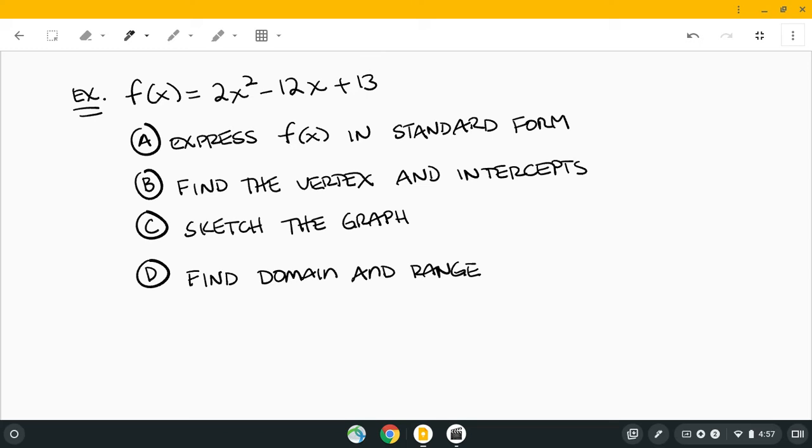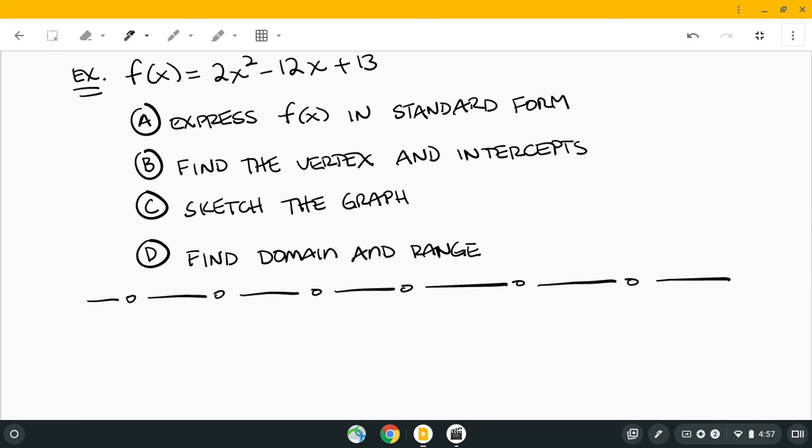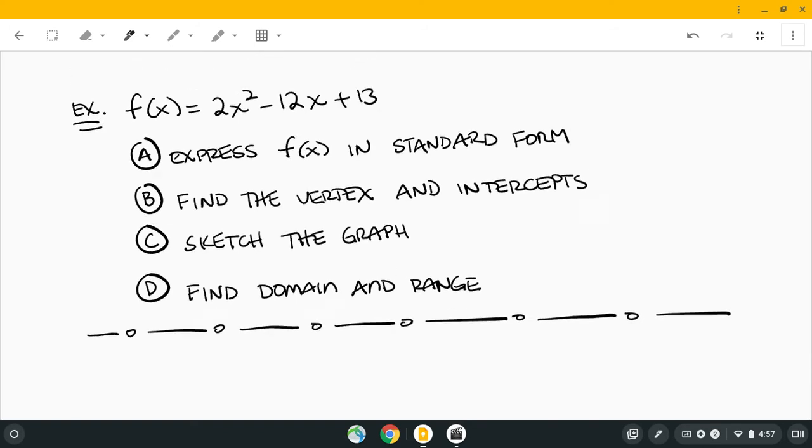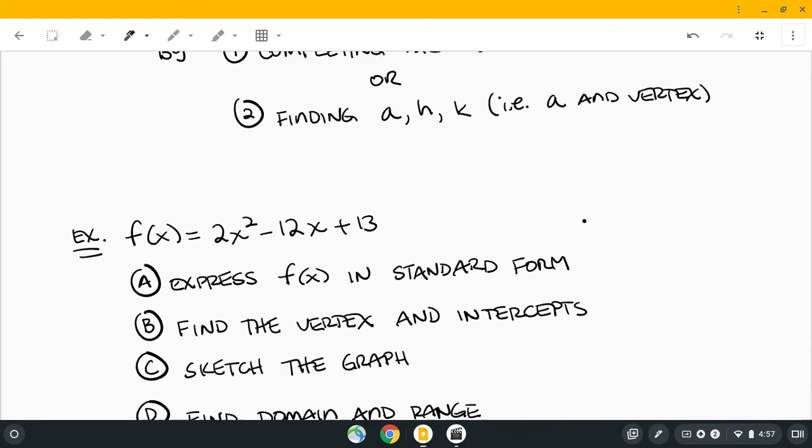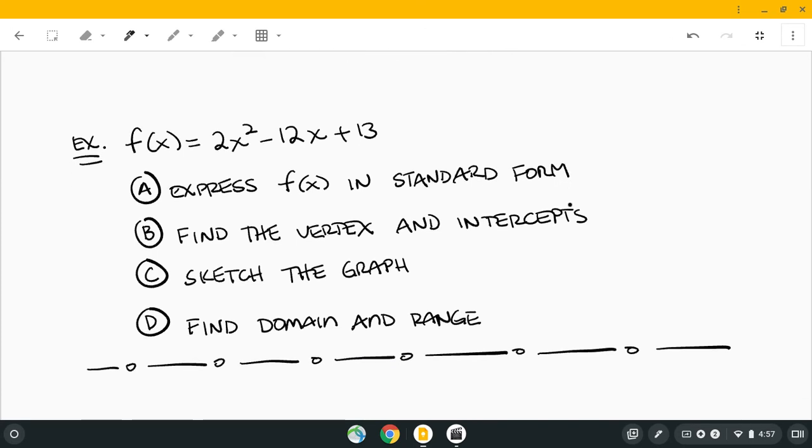All right, so let me break this up. Let's do part A first. Express f of x in standard form. Right here I had said you can write this in standard form by completing the square or doing this here. So let's go ahead and do this by completing the square.